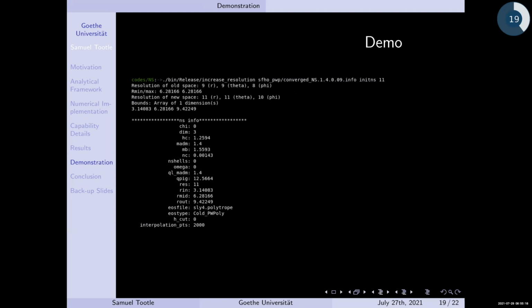This is just an example of using an increased resolution, where you take your converged solution with a base file name and a resolution, and you can then just rerun this base file name and get your higher resolution solution. And it's in fewer iterations than it would have taken before.